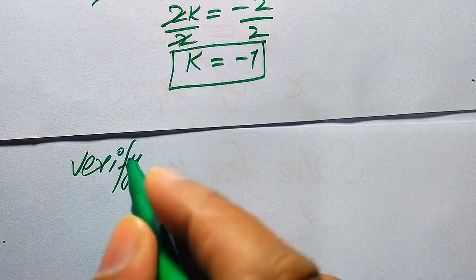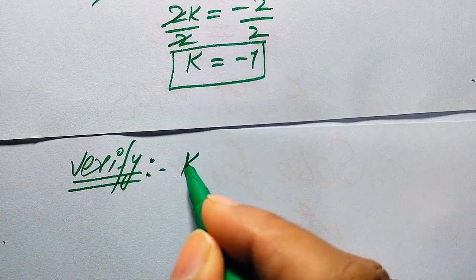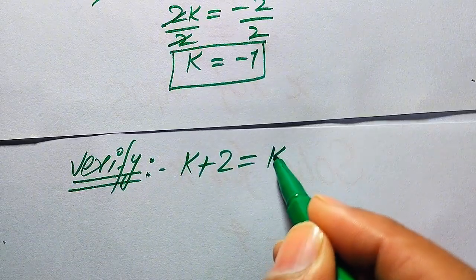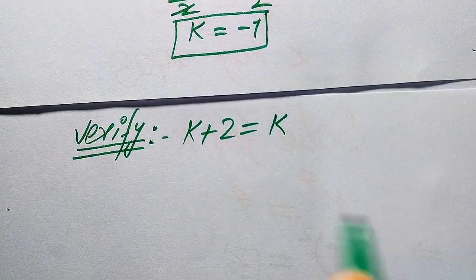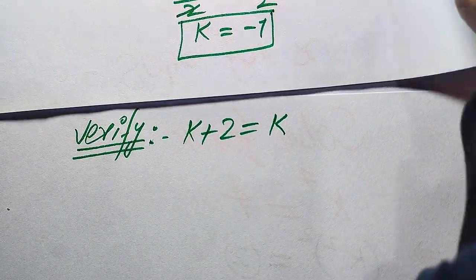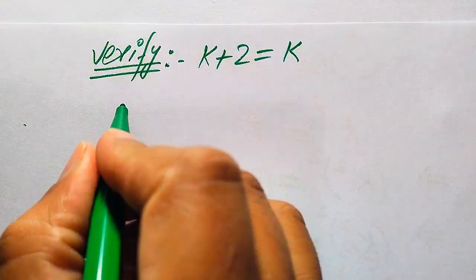And now in the next step we need to verify whether this value of k is the solution, or whether this value of k is the extraneous root. For this we need to copy down the given question statement. Here it is k + 2 = k, and we substitute k = -1 on both of the sides, and we check whether this satisfies our given question statement or not.